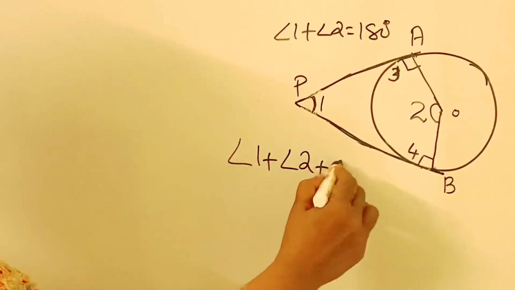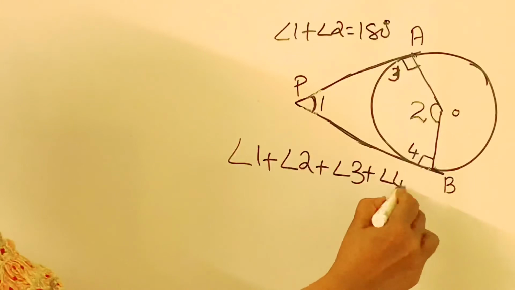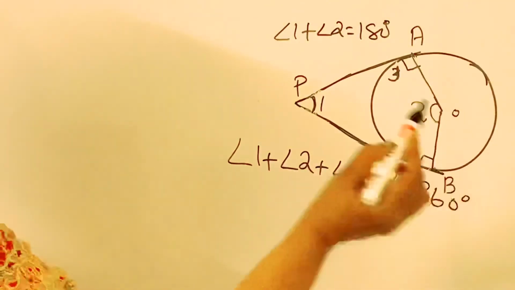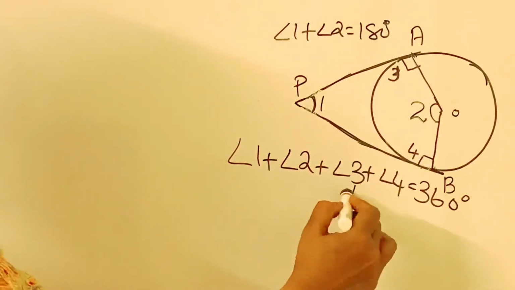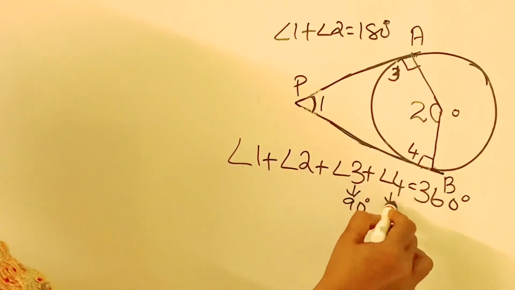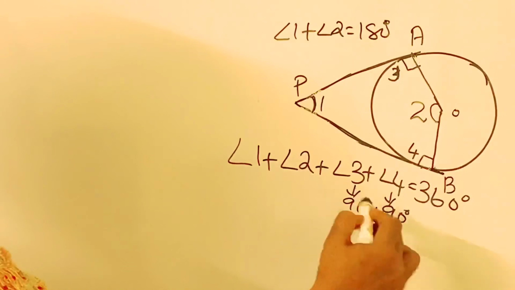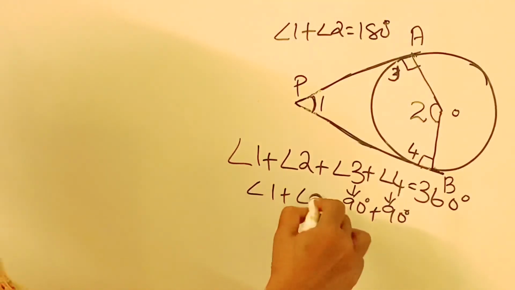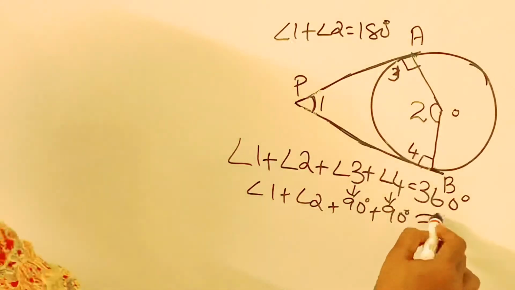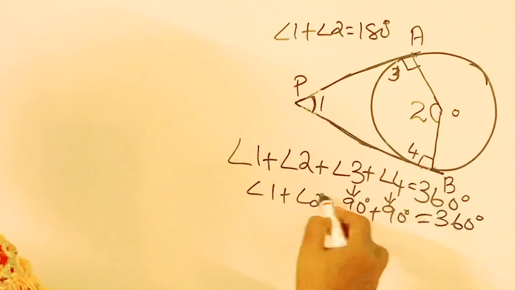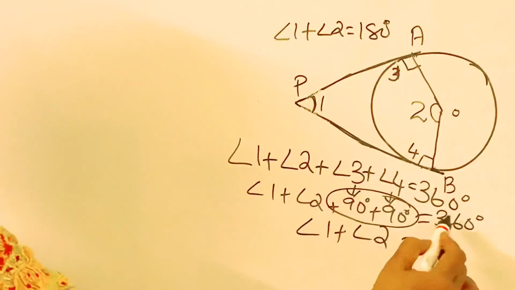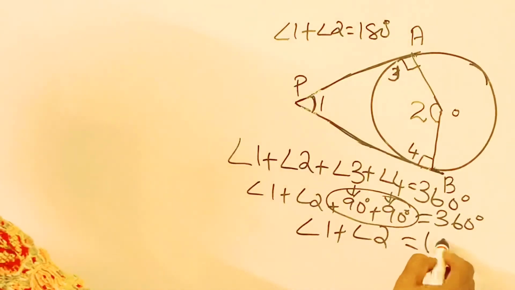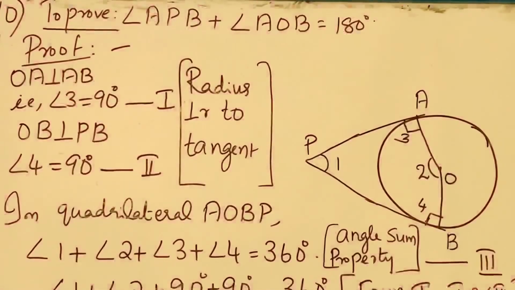Angle 1 plus 2 plus 3 plus 4 is 360 degrees, by the angle sum property of quadrilateral. Angle 3 is 90 degrees and angle 4 is also 90 degrees. Then angle 1 plus angle 2 plus 180 is 360. That is angle 1 plus angle 2 is equal to 360 minus 180, that is 180 degrees. Look at the steps.